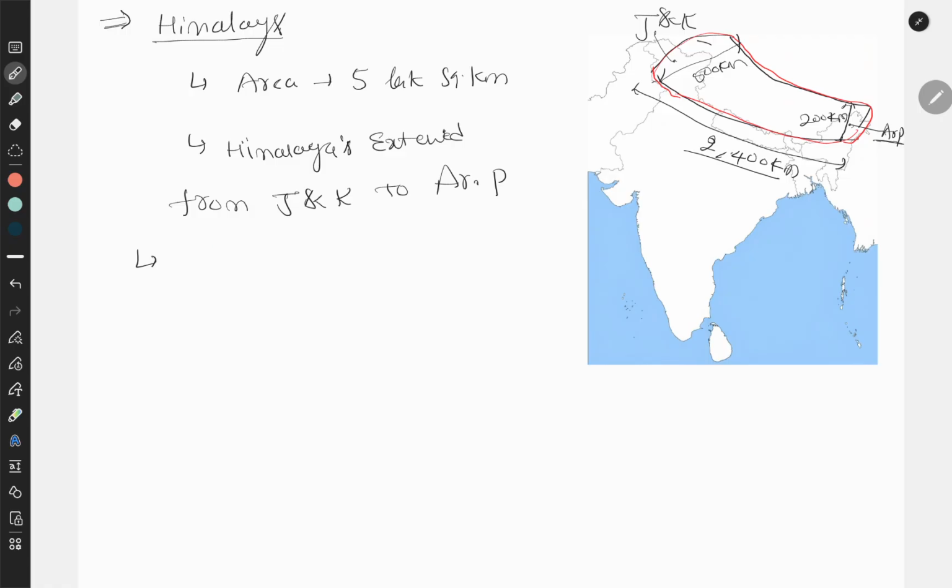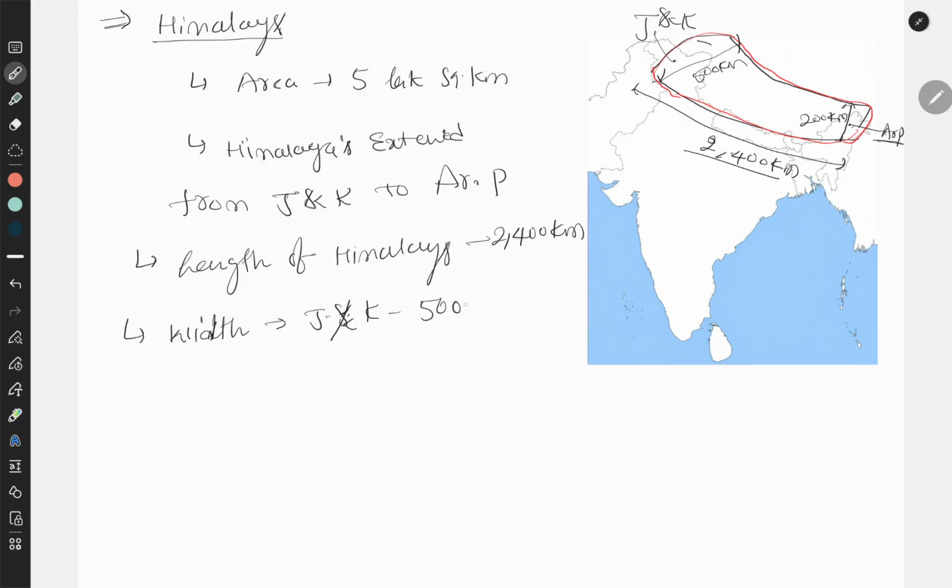The length of the Himalayas is 2,400 kilometers. Width wise, at Jammu and Kashmir it is 500 kilometers, and at Arunachal Pradesh 200 kilometers. Total area is 5 lakh square kilometers.